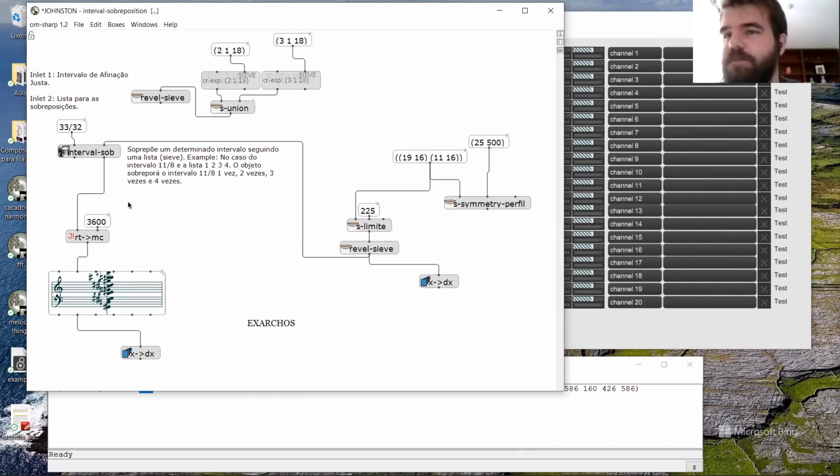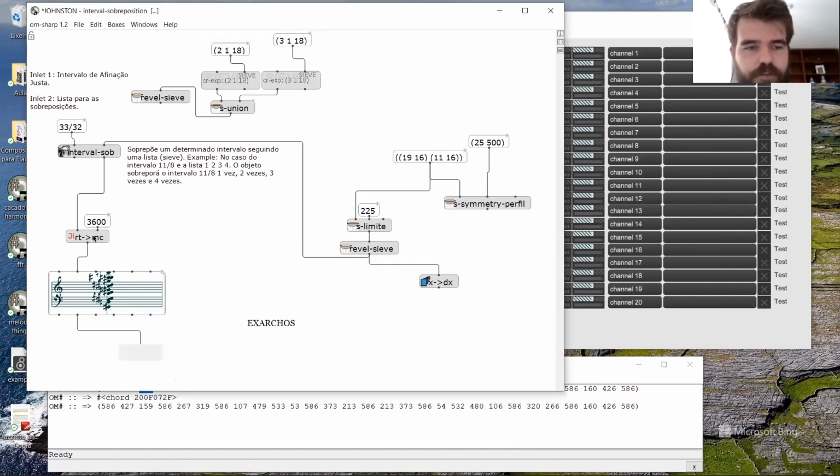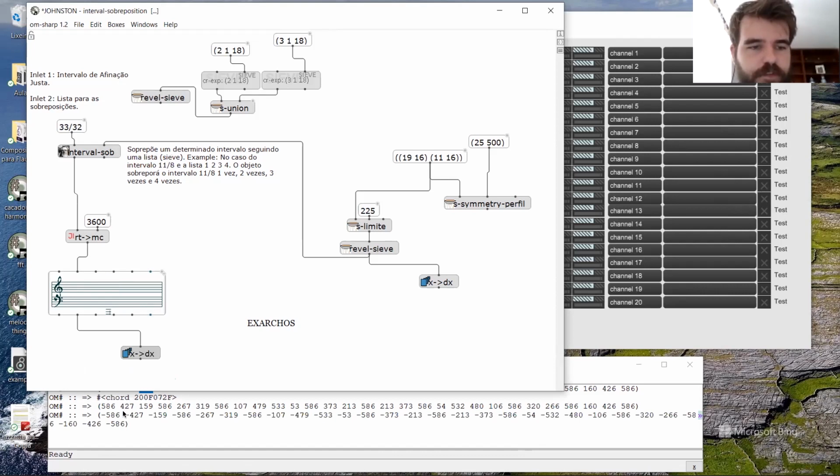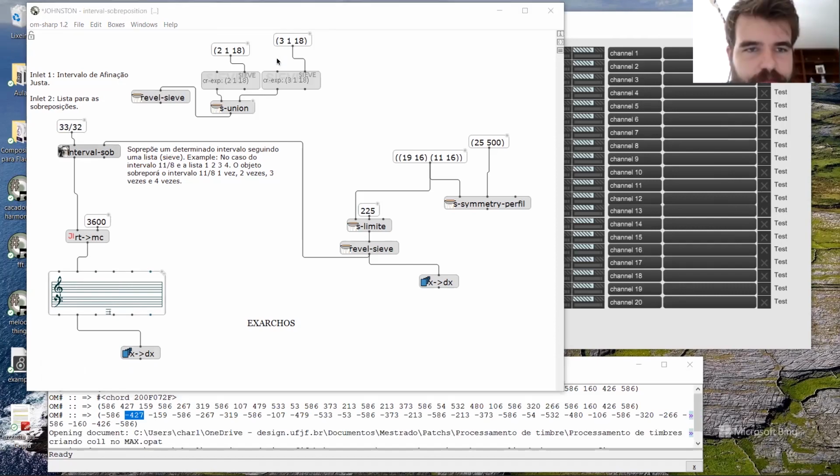The otonal concept is one of these. So here we have again the utonal shorts, and here I have the otonal shorts and here utonal shorts. You can see that it's again.